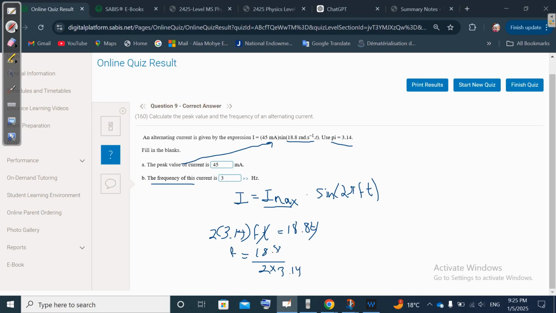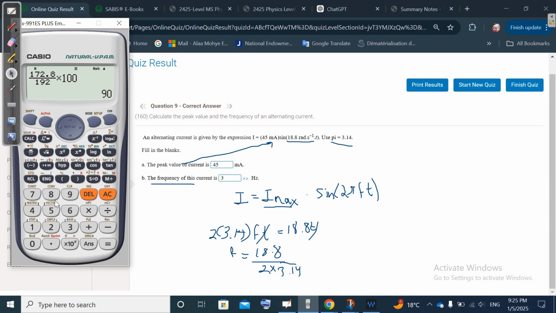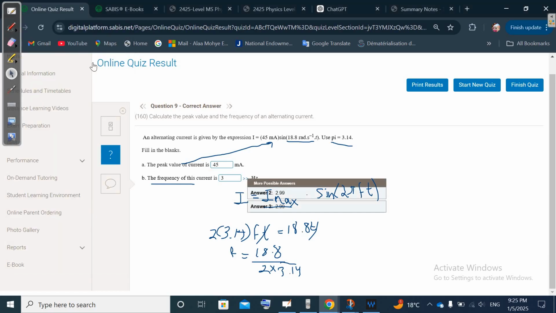Sorry for the bad handwriting. Let's plug it on the calculator: you get 3 hertz, or 2.9 or whatever.